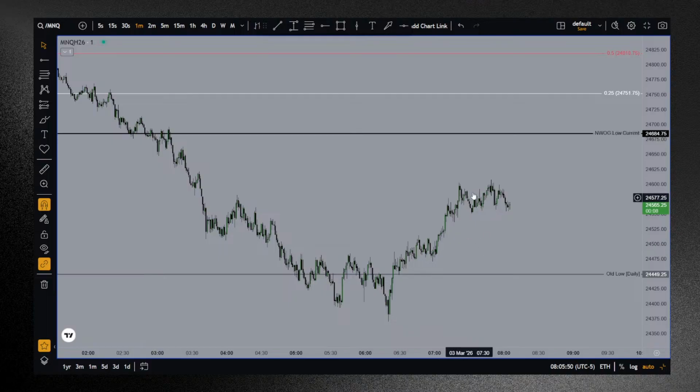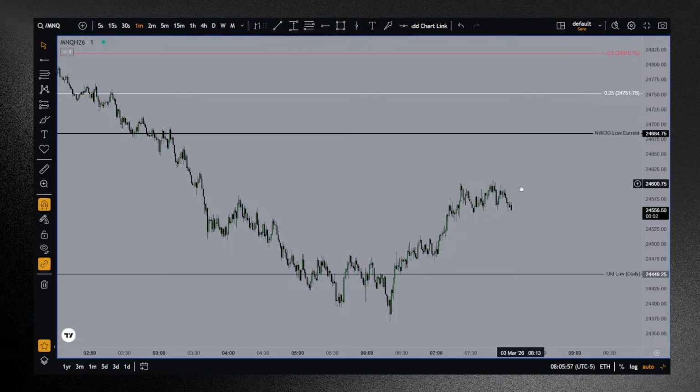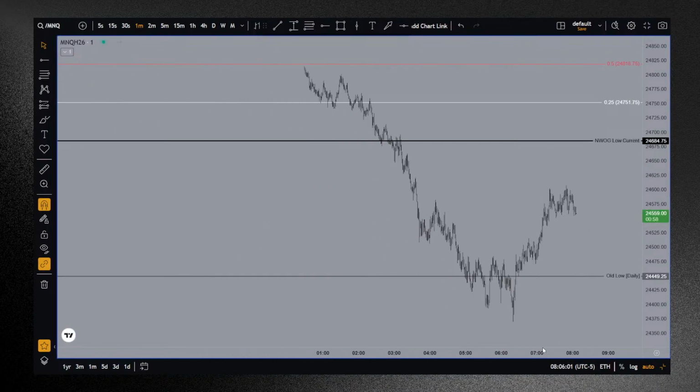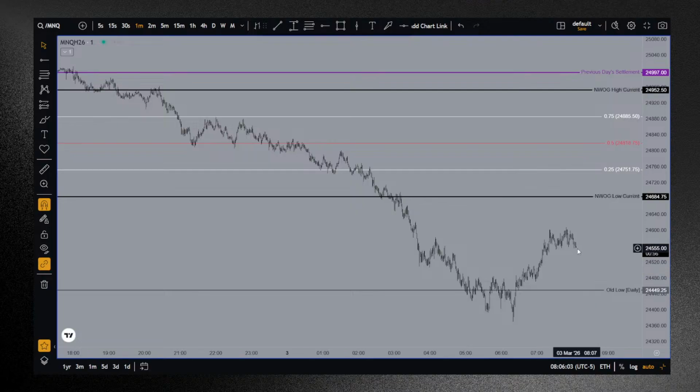So as it is right now, I'm willing to watch and study whether we will see any willingness for the price to want to close or make this potential opening range gap smaller, or do we stay heavy like this?